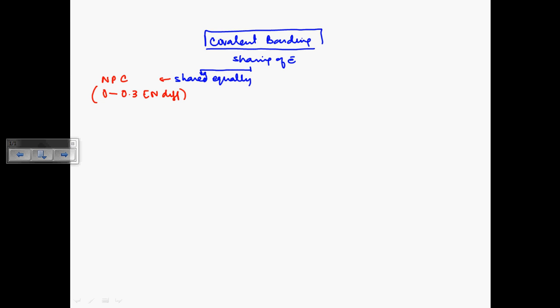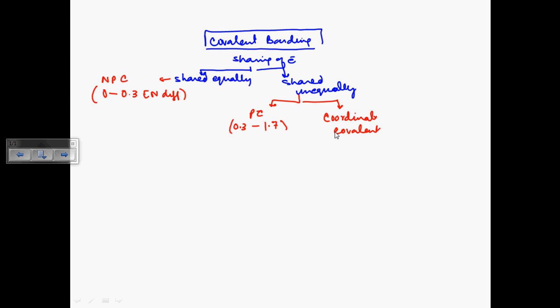The second could be that the electrons are shared unequally, and when they are shared unequally, it results in either a polar covalent bond where electronegativity difference is generally between 0.3 to 1.7, or it can form a coordinate covalent bond. Now, non-polar covalent bond can occur between nitrogen, oxygen, hydrogen.